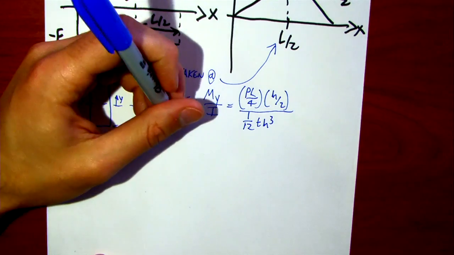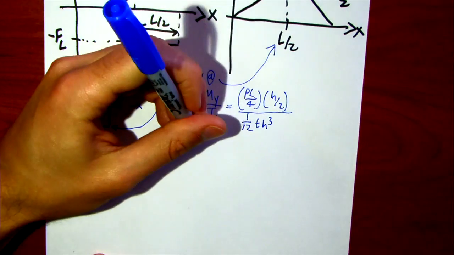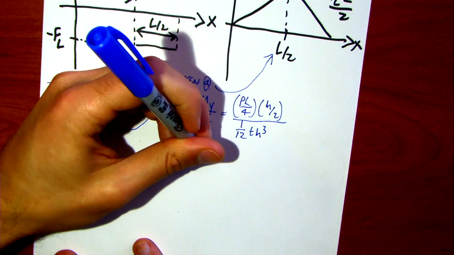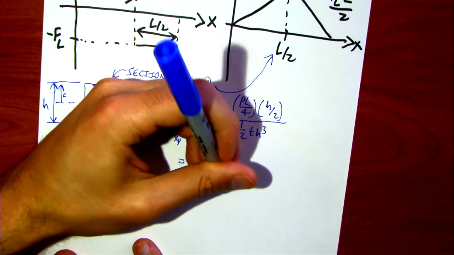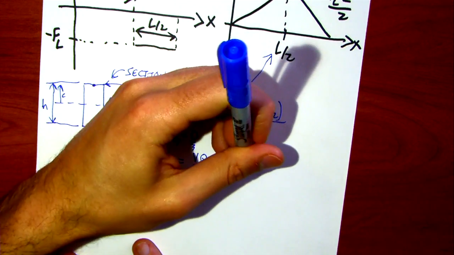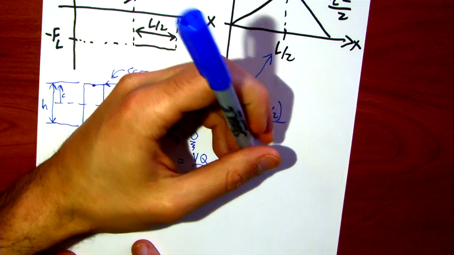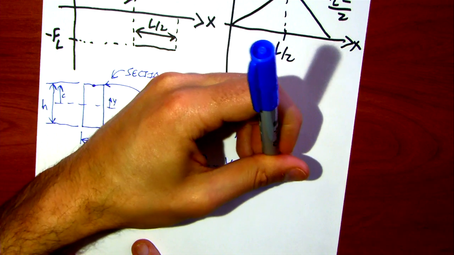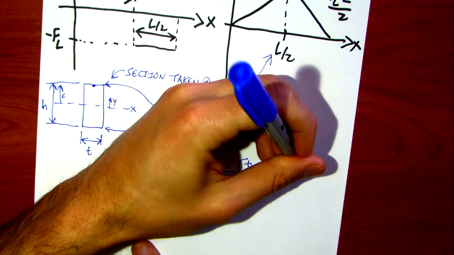And at either of those points, tau xy by inspection would be 0, because, well, if I go back to my VQ/IT thing, that's really V/IT times T/2 times H/2 squared minus Y squared.